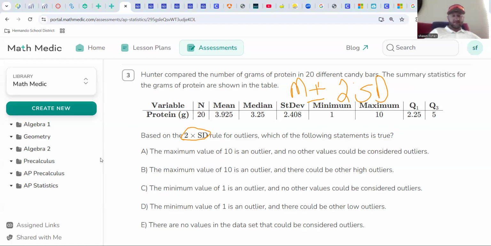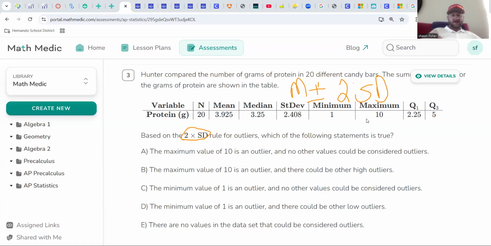Is there any numbers outside of 8.7 that could be below the maximum value? Well, we don't know that. There could be, all right? So let's keep that in mind. First of all, 10 is a maximum value, right?